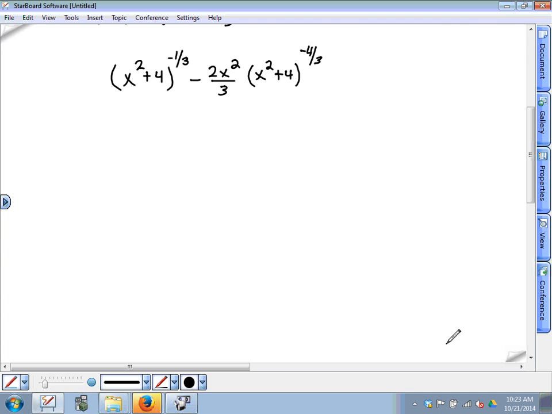Are there common factors? That's what I'm getting at. There are. Don't both terms have this x squared plus 4 in them? So what we need to do is factor something out, so there's something outside of a parenthesis and something inside of a parenthesis.